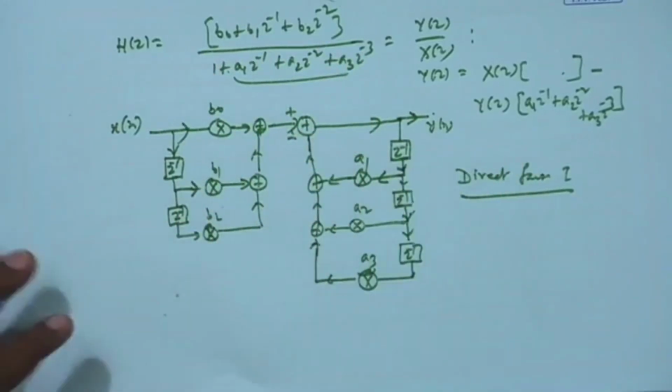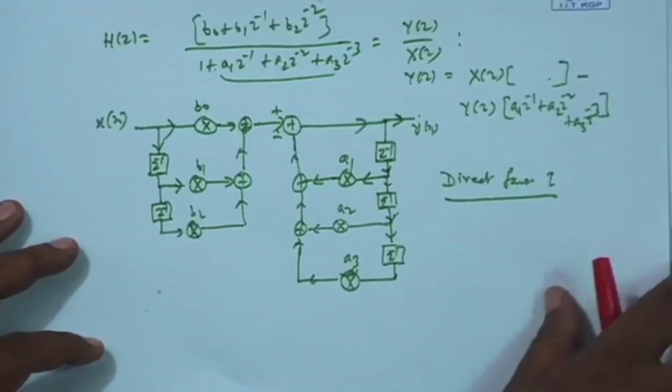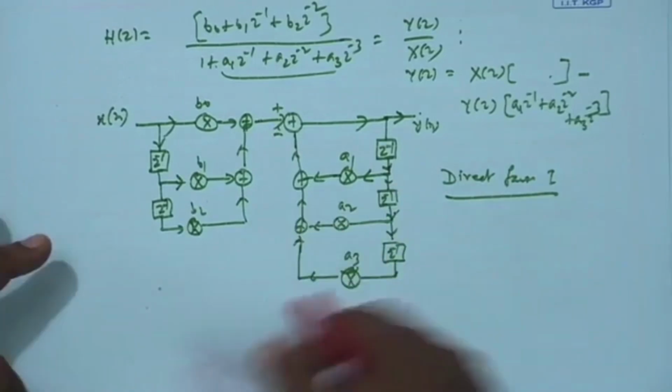Okay. That is how it is realized, but I can interchange the two, I will show how, and then I can have a better realization. It will take a smaller number of adders.